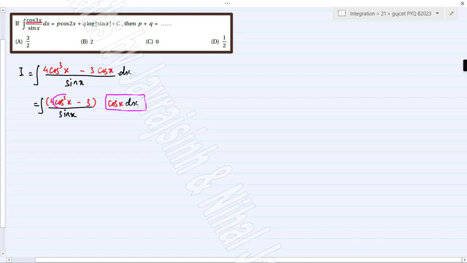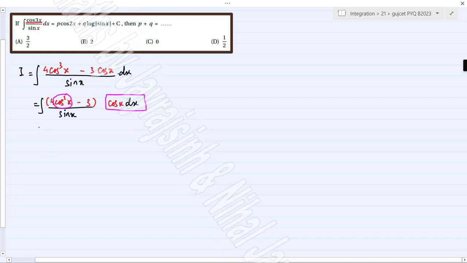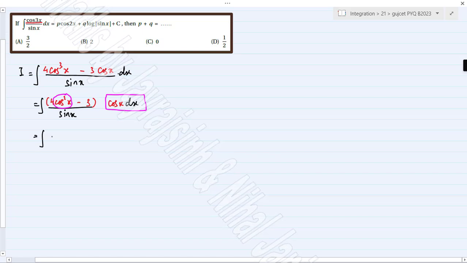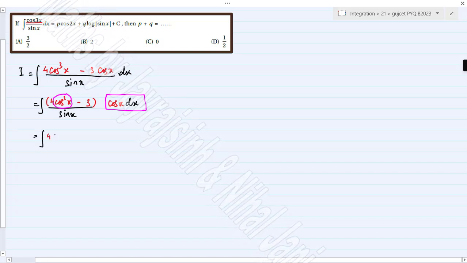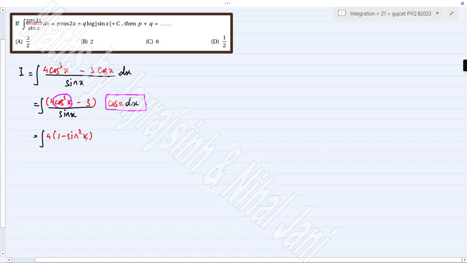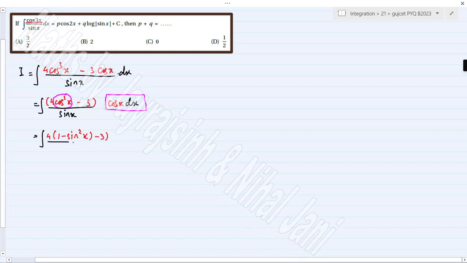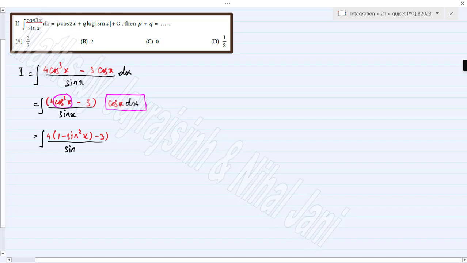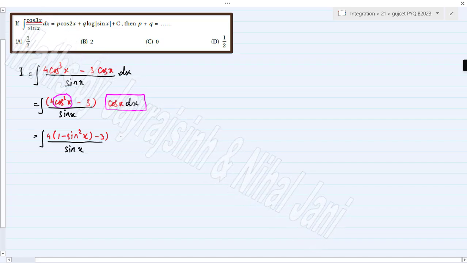The problem is this cos square x. Simplify this cos square x in terms of sin x by converting it into 1 minus sin square x. The rest of the function is already in terms of sine, so we don't have to worry about it.